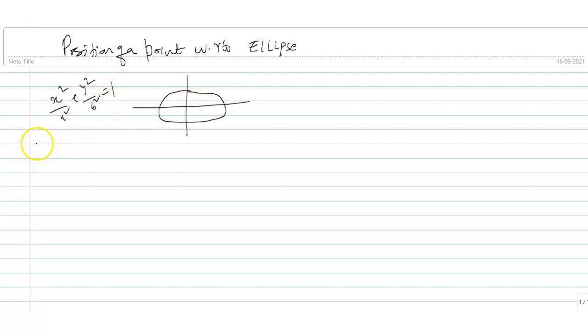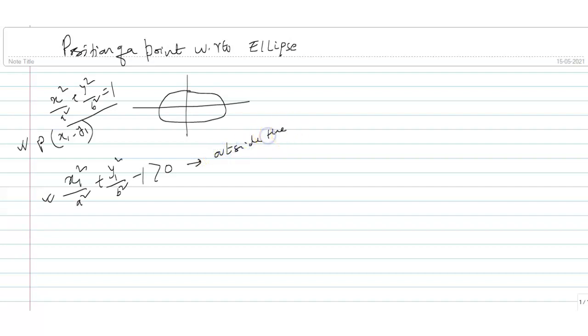Let us consider that the point P(x1, y1) is given, and we need to see whether P lies on the ellipse, inside the ellipse, or outside the ellipse. If we put that value here, that is x1 square over a square plus y1 square over b square minus 1, if this value is greater than 0, then P lies outside the ellipse, right?